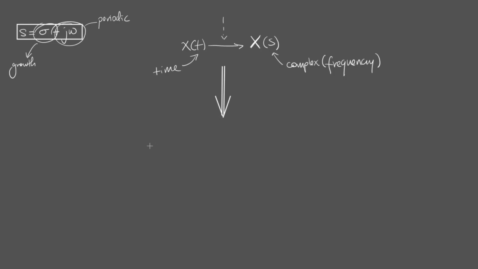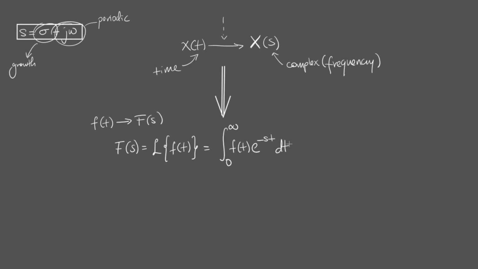So the Laplace transform of a function, you denote it by a big L. Let's say you have f of t. The Laplace of this is going to be capital F of s. Let's just get that out of the way. So F of s is the Laplace of f of t, like a cursive L. It's the Laplace of f of t, and that is the integral from 0 to infinity of f of t multiplied by e to the negative st dt.